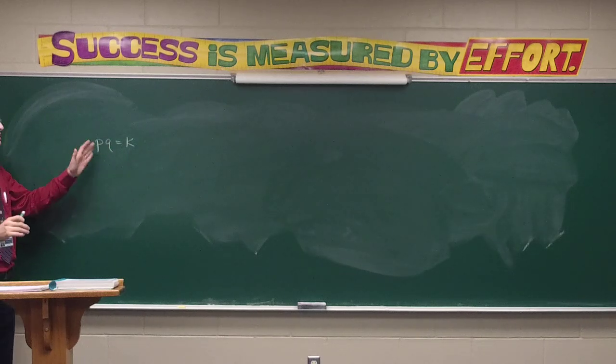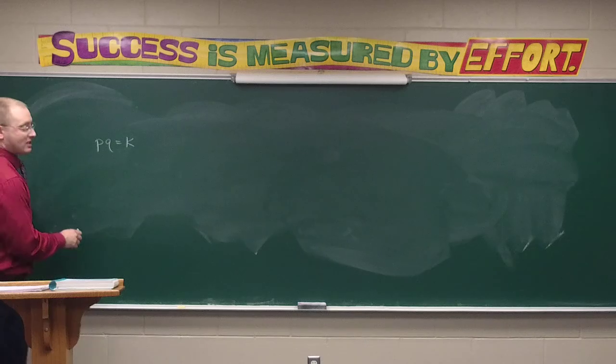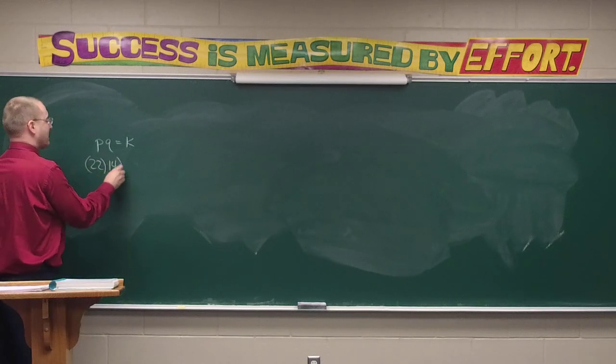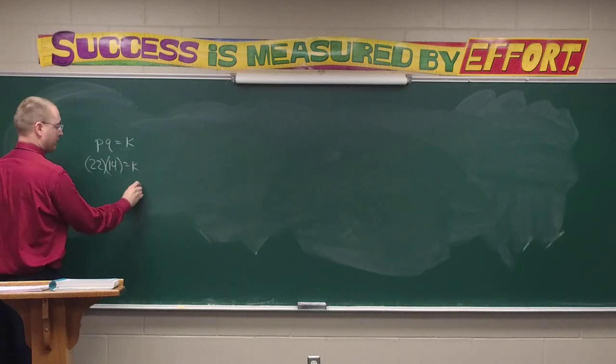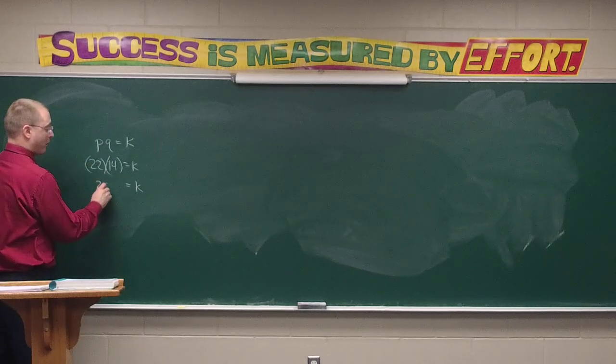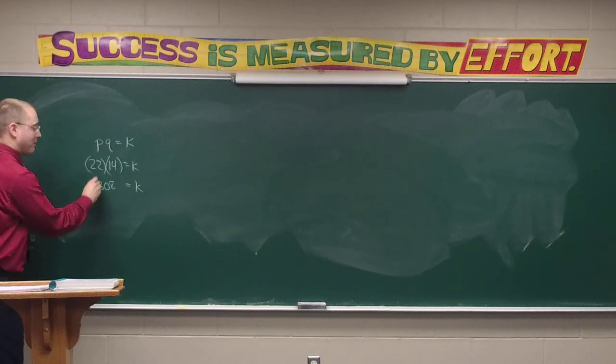Now again, the book would say P equals K over Q. We don't do that here. We're just going to say PQ equals K. And since the numbers they give us are 22 and 14, we can easily find K. Well, with the calculator's help. 308, how many got the same thing? 308, we like that number better?